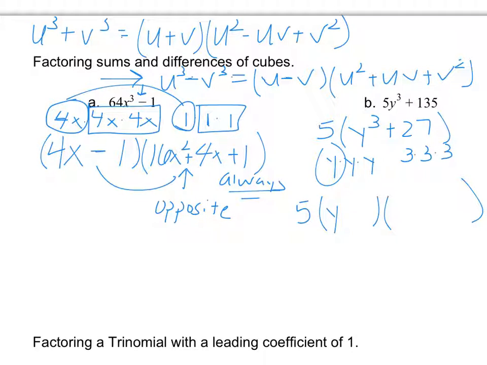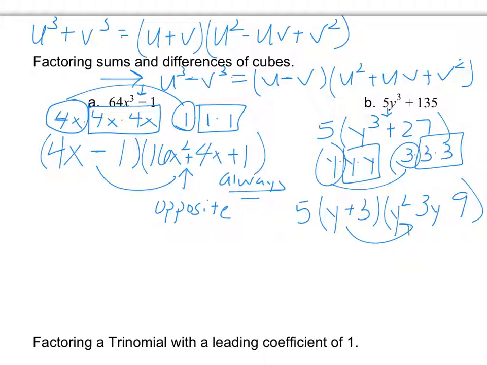I'm going to take 1 and 1 with the first sign, which is the plus right here. I'm going to take 2 and 2. I'm going to multiply. Y times 3 is 3y. I'm going to use the opposite sign. And then always plus.